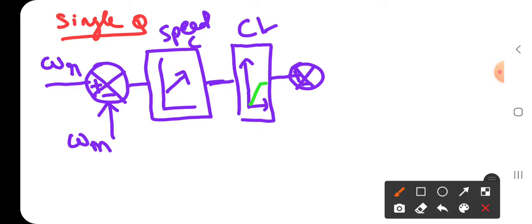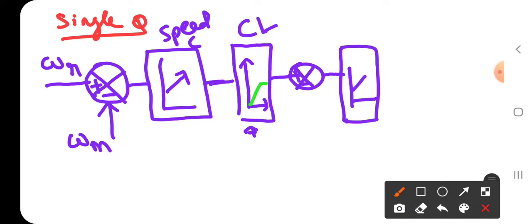Next, this will be given to the current controller, and from the current controller I will give this to the duty ratio, that is gamma.